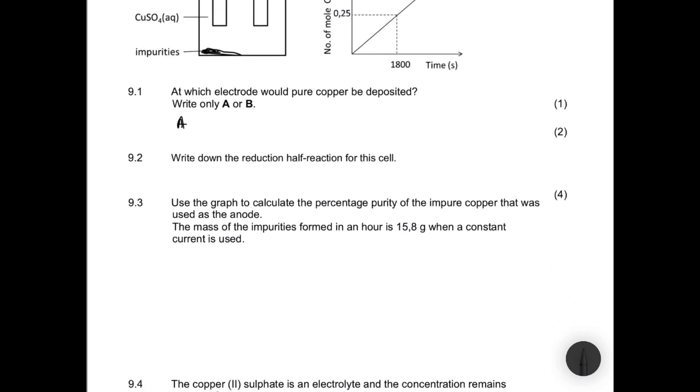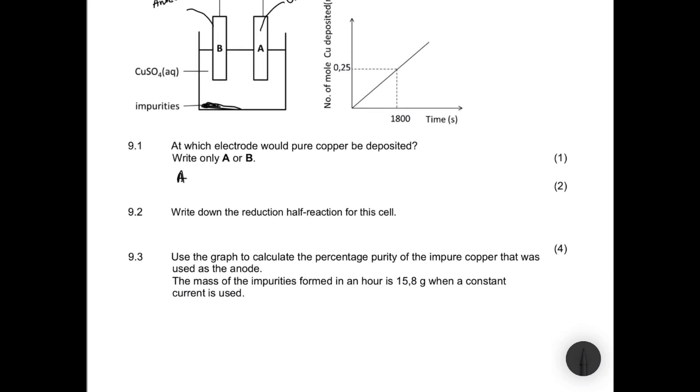And then 9.2 says write down the half reaction for this cell. We have pure copper. It needs to be deposited somewhere. We're saying that it takes place at the cathode, and at the cathode, that's where reduction takes place. So we're gonna have Cu2+ plus 2 electrons, giving us Cu.